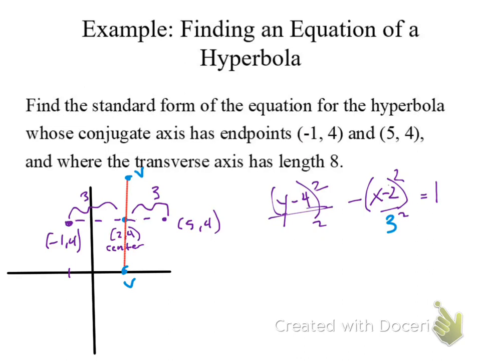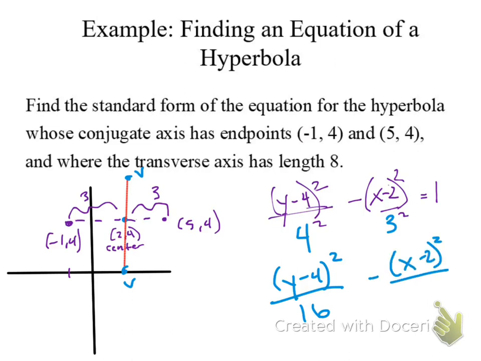So a is 4. So then I'm going to have officially (y minus 4) squared over 16 minus (x minus 2) squared over 9 equals 1. And that's my standard form for my equation.